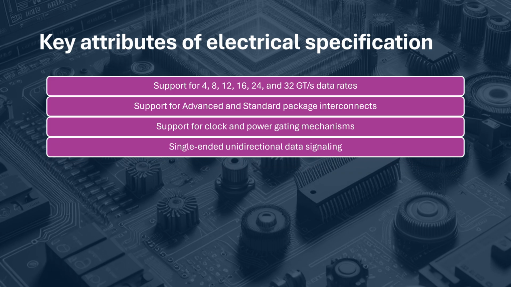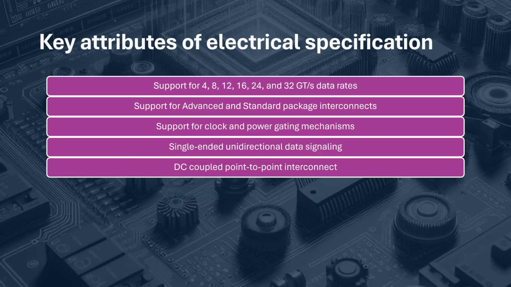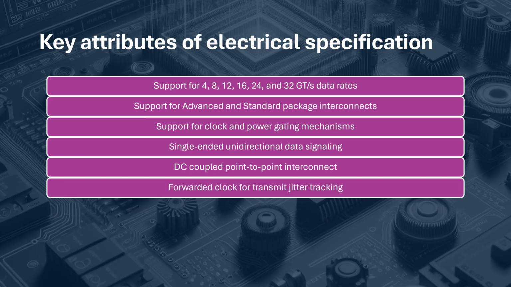Single-ended unidirectional data signaling. Instead of differential signaling, it mandates single-ended unidirectional data signaling. It also mentions DC coupled point-to-point interconnect, and it supports forwarded clock for transmit jitter tracking.